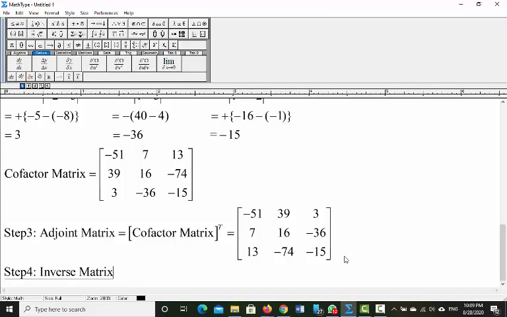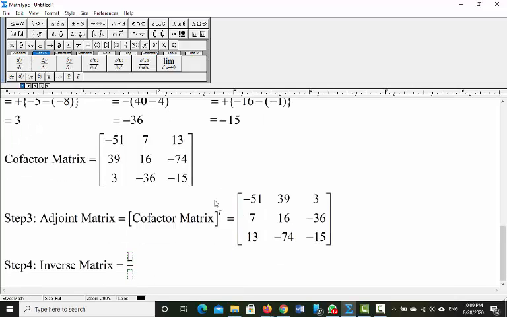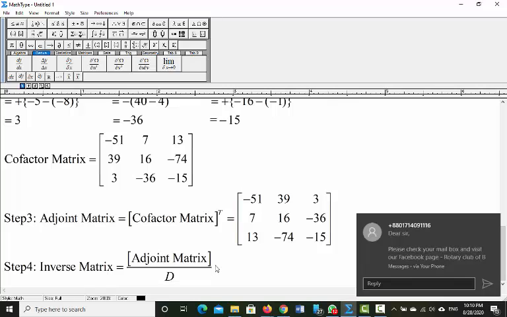So in step 4, we will find the inverse matrix. Remember, inverse matrix is equal to adjoint matrix divided by D, divided by the determinant.